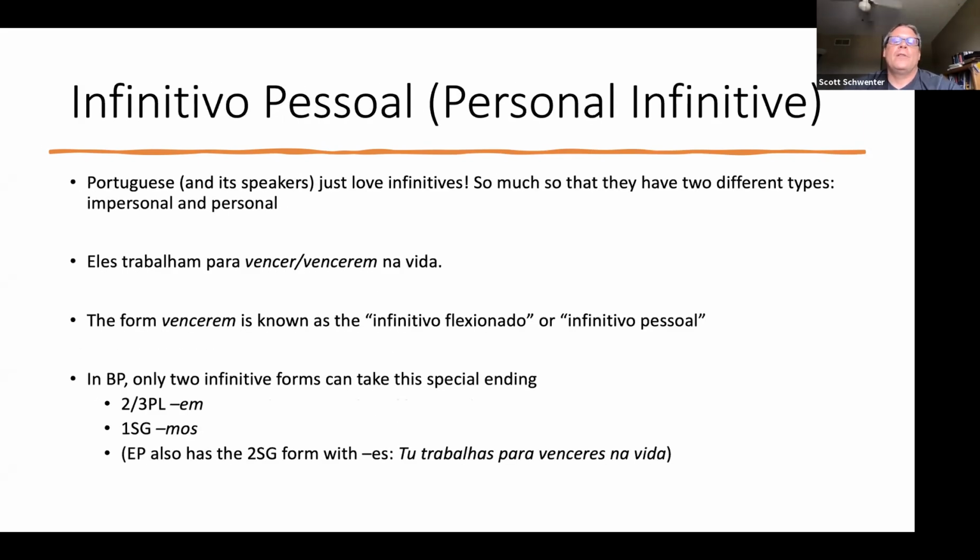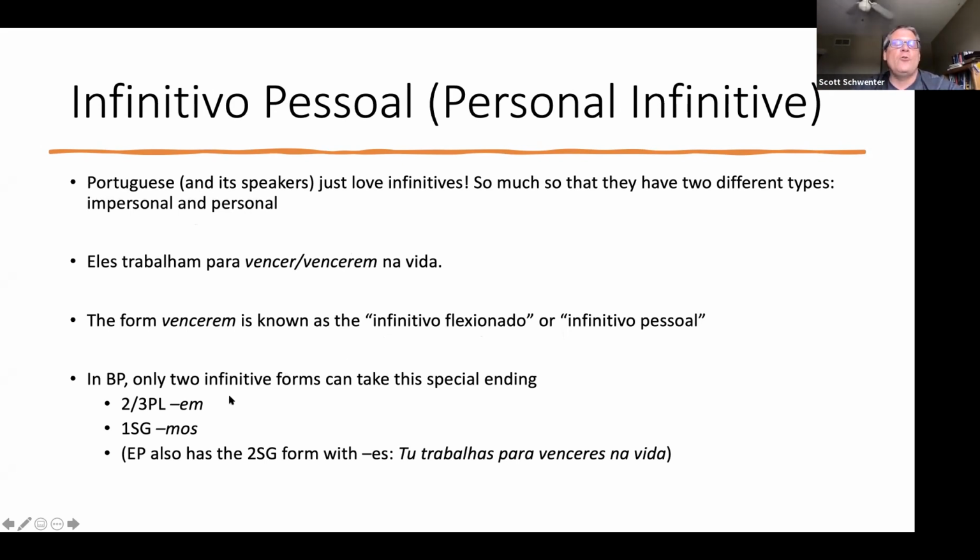Okay, so like I said, Portuguese and its speakers just love infinitives. They love them so much, they have two different kinds. They have impersonal infinitives, which is like the normal old infinitive that you find in Spanish. And they have personal infinitives, which is this one that I said has a special ending on it. So this form, vencerem, is known as the infinitivo flexionado, so conjugated infinitive, or infinitivo pessoal, personal infinitive.